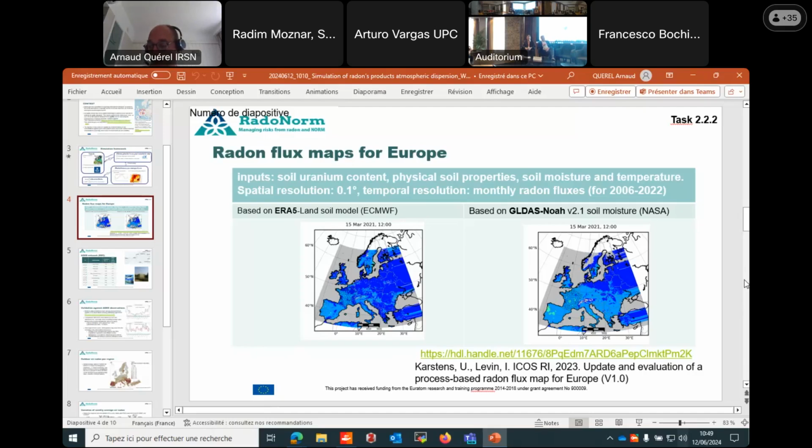But if you have any data showing the hourly radon exhalation flux, sure, we can try to make an improvement on the radon flux maps and see if we can have a very meaningful and important impact on the model. It could be interesting to test an hourly exhalation flux map.